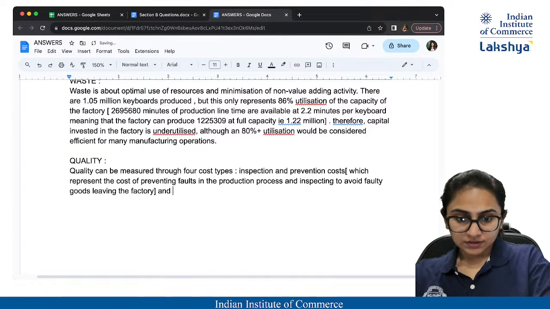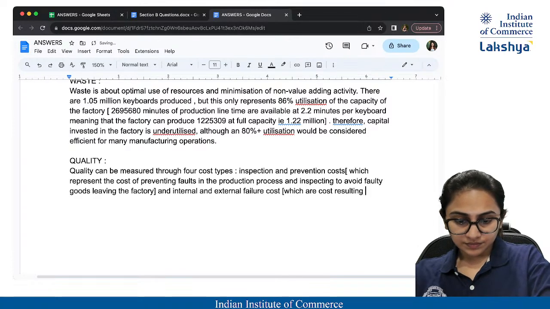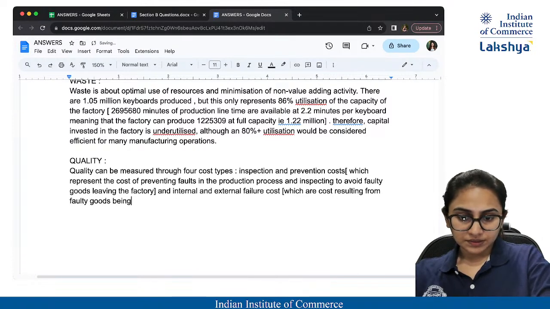And internal and external failure cost, again, which are cost resulting from faulty goods being identified before and after delivery to customer.